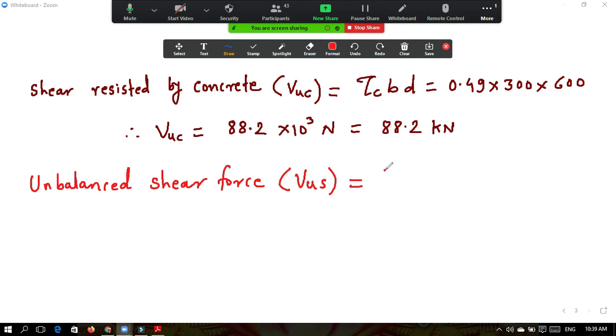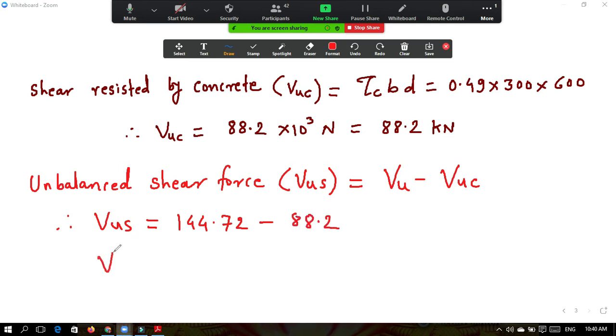It can be calculated as VU, that is the total shear force, minus the shear resisted by concrete. So VUS is equal to, what was our original shear force? It is 144.72 minus, now the shear resisted by concrete, it is 88.2.